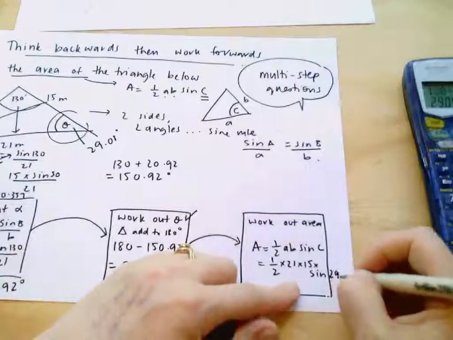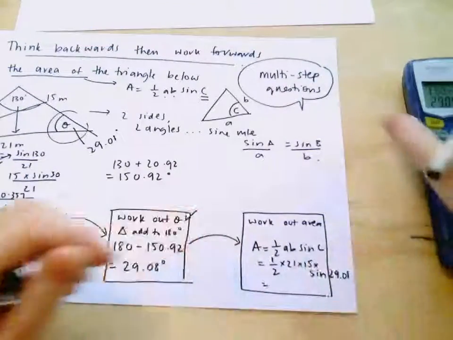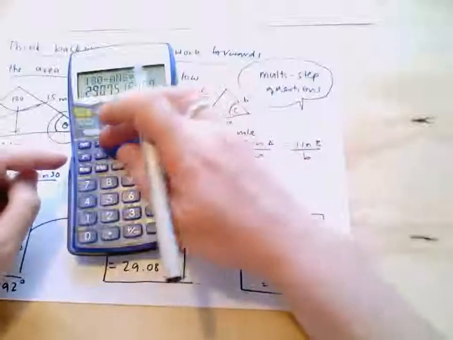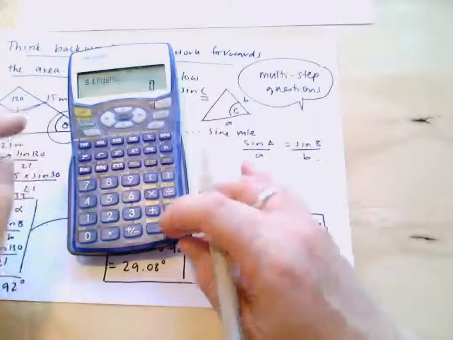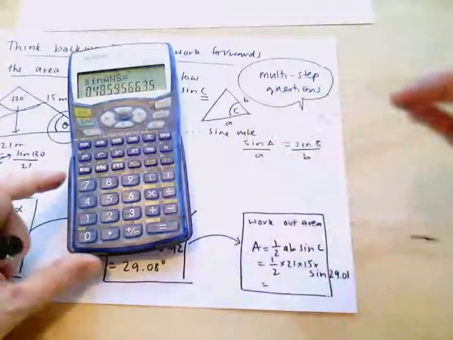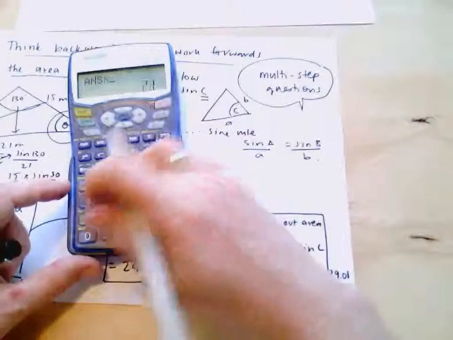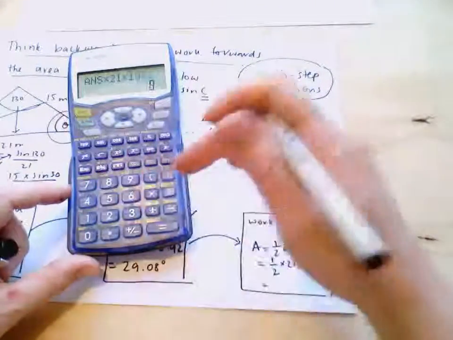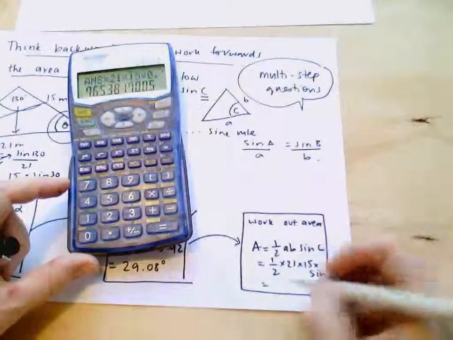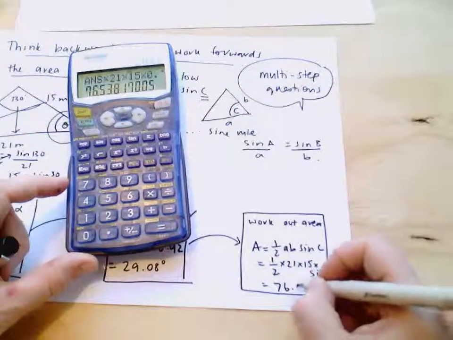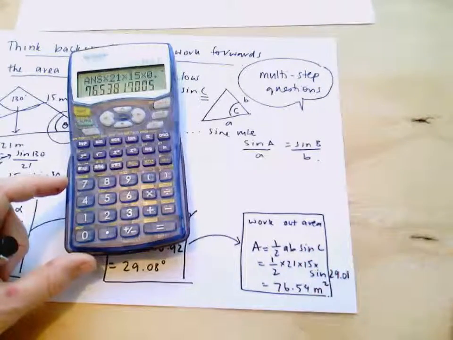So sine of 29.08. So again, whack it into my calculator, sine of that angle, and I'm multiplying by 21, 15 and a half. Gives me 76.54 meters squared as my area.